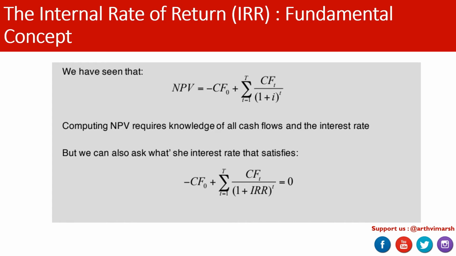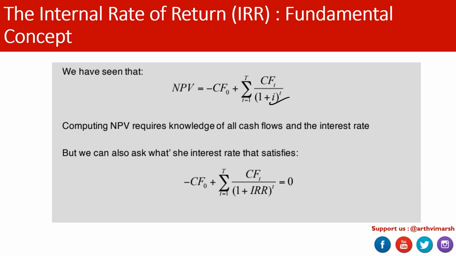So computing the NPV requires the knowledge of both the cash flows, the duration of these flows, and the interest rate, that is i in the expression here. So it requires the value of both.